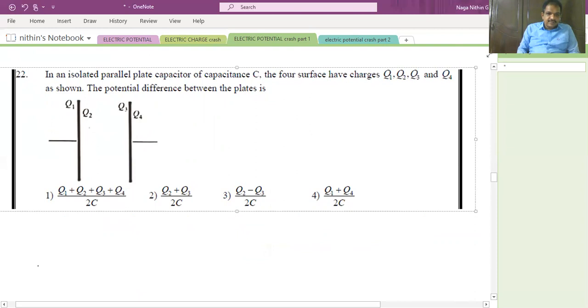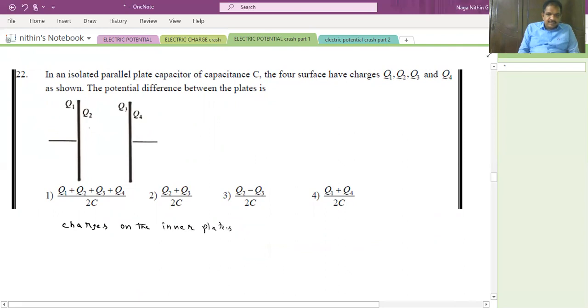Here, what is the concept is: charges on the inner plates of a capacitor are equal and opposite.